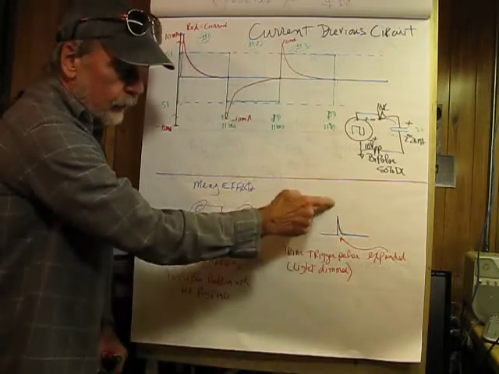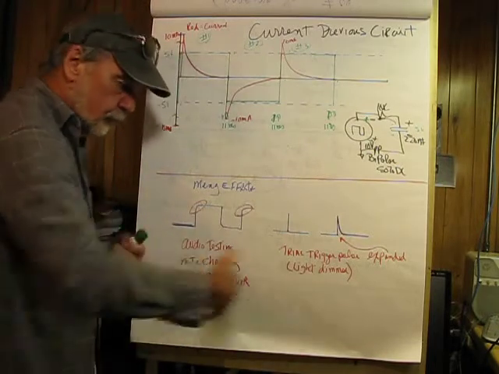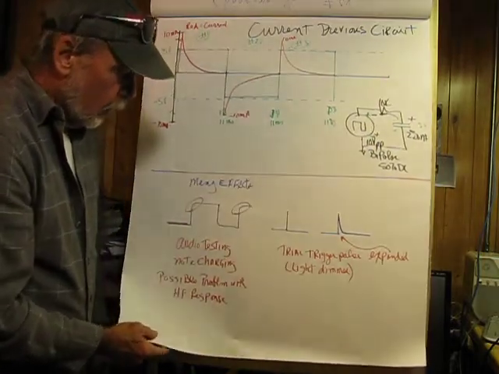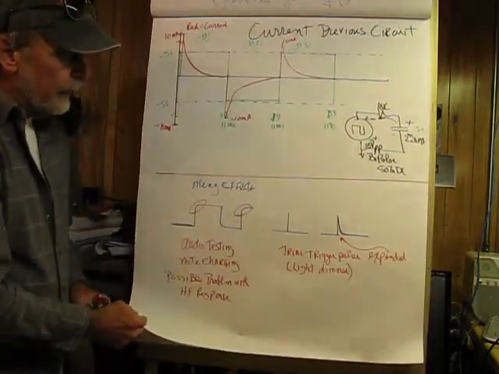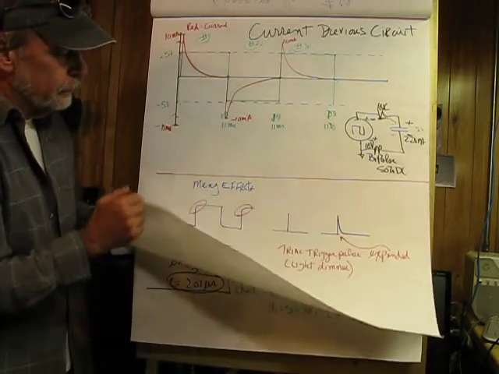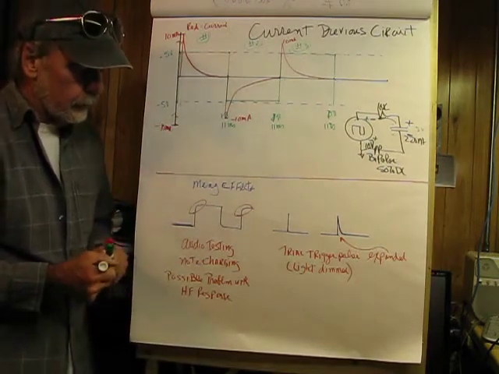And it actually looks like a decaying exponential when you span out your scope display. So there are a lot of practical applications in this that you're going to come across.